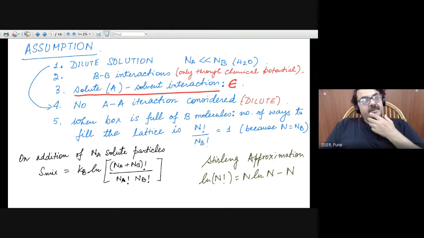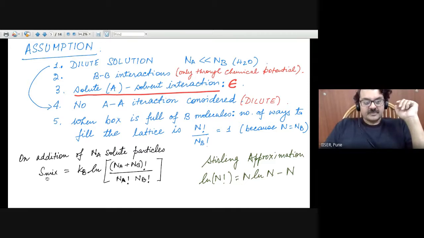And then the entropy of mixing. And what was entropy? It is the number of microstates that you can access with the same energy. So the entropy of mixing is Kb log the number of microstates. We have not considered energy here. We'll consider energy in the next step.